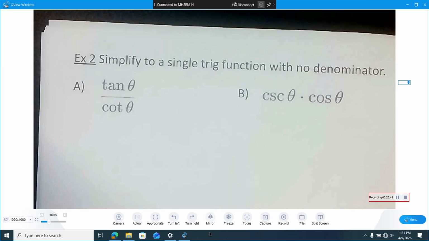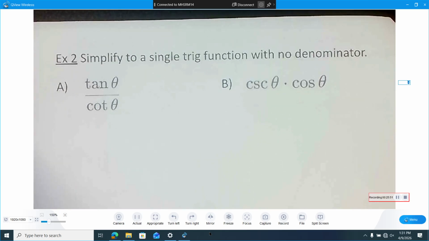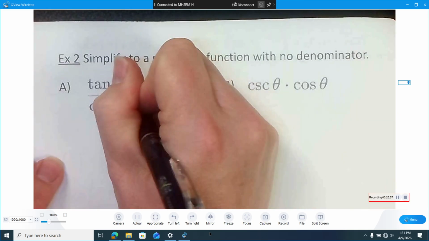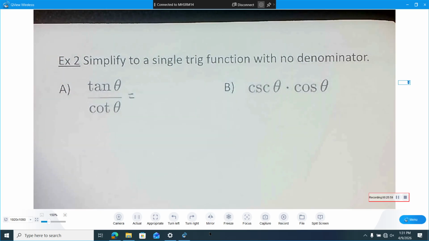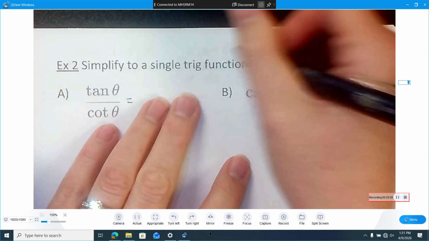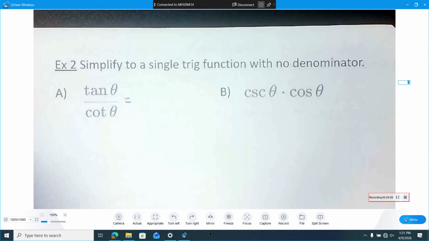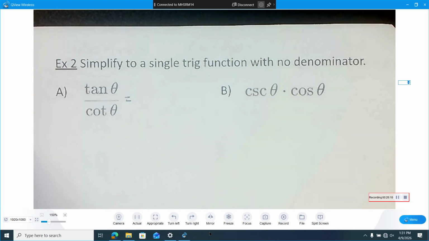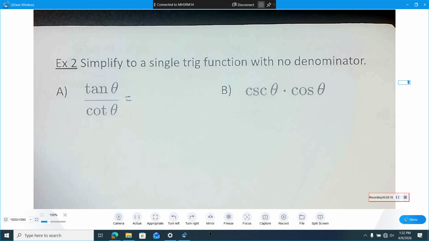Last things. Again, simplify to a single trig function with no denominator. Here's what's hard about simplifying identities.